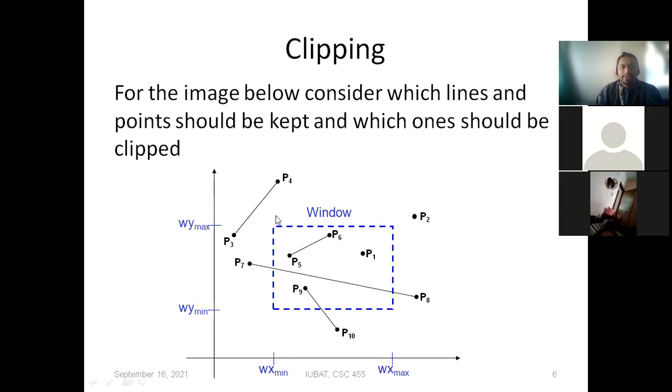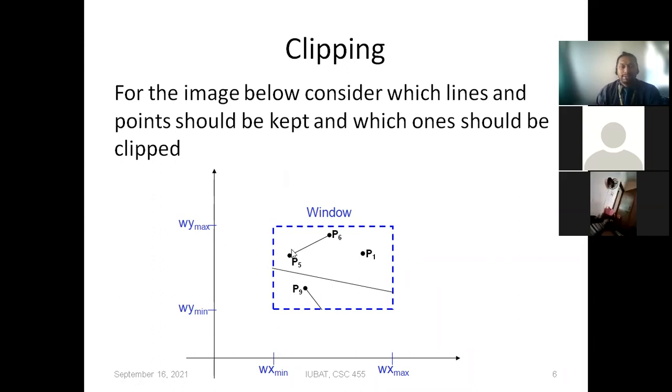If we consider what it should be, you see that P2 is outside the window and has gone, and P3, P4, then that part of the line P7, P8 has gone, as well as P9, P10.